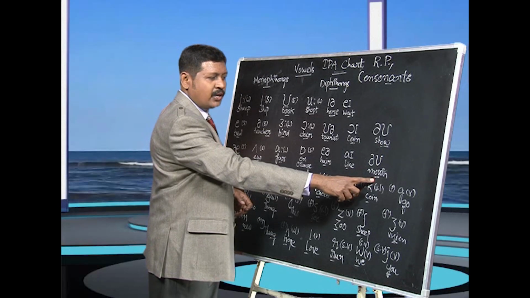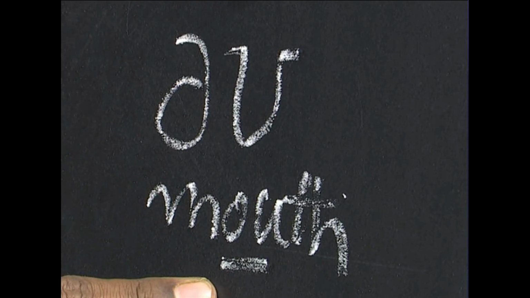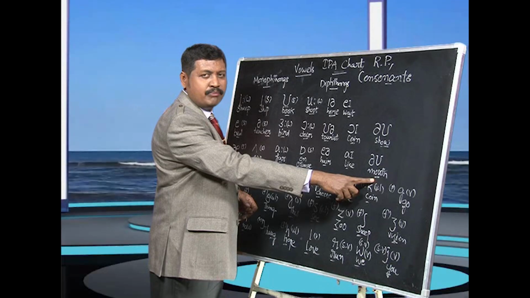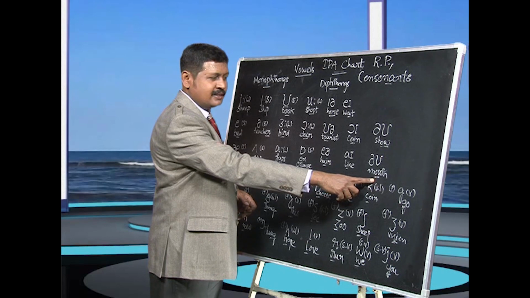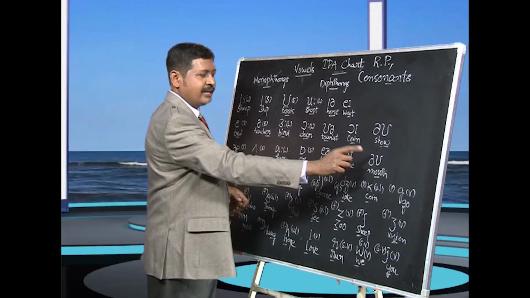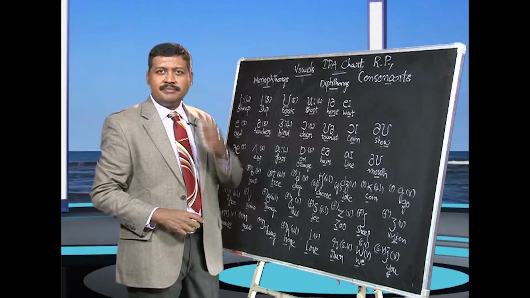The next one is oh. You see again the lips are rounded when I pronounce this sound. Mouth, shout, mouth. So these are 1, 2, 3, 4, 5, 6, 7, 8 diphthongs.